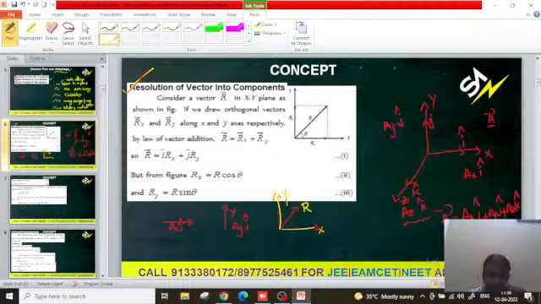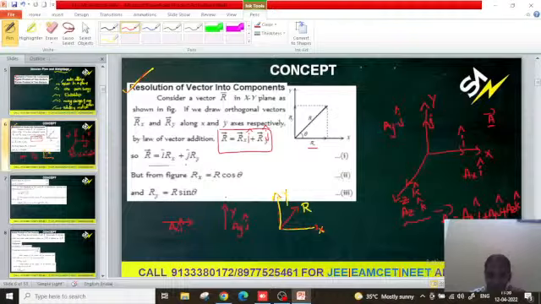Here we are given a vector making angle theta with the x direction. By following vector addition, r bar is equal to rx into i cap plus ry into j cap.